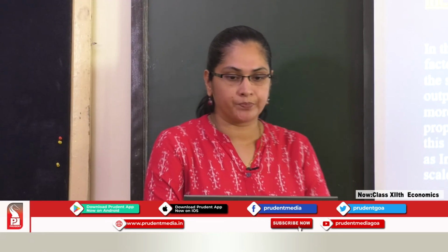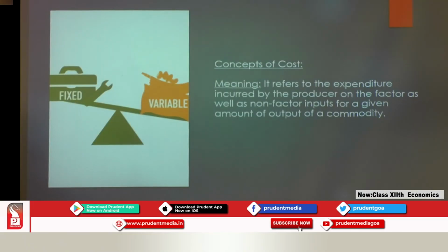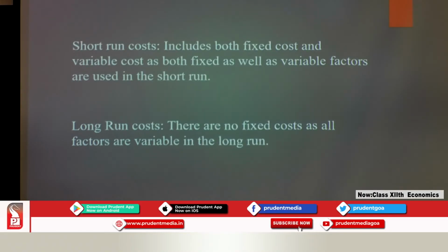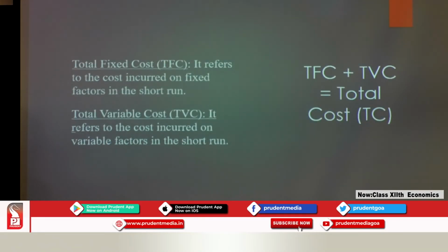Then we have seen the various concepts of cost, both in the short run as well as in the long run. In the short run, we have fixed cost as well as variable cost, cost on the fixed factors and cost on the variable factors. When we add them up together, we get our total cost.